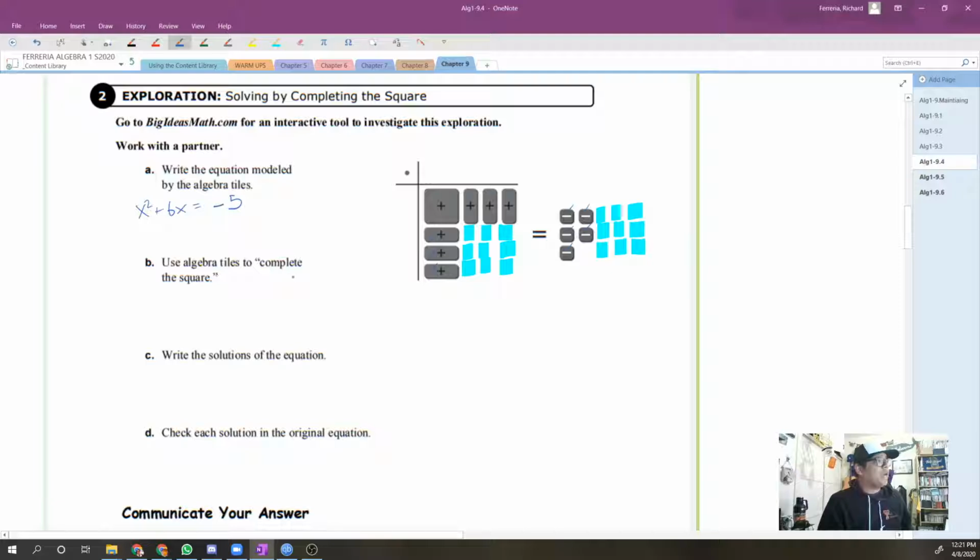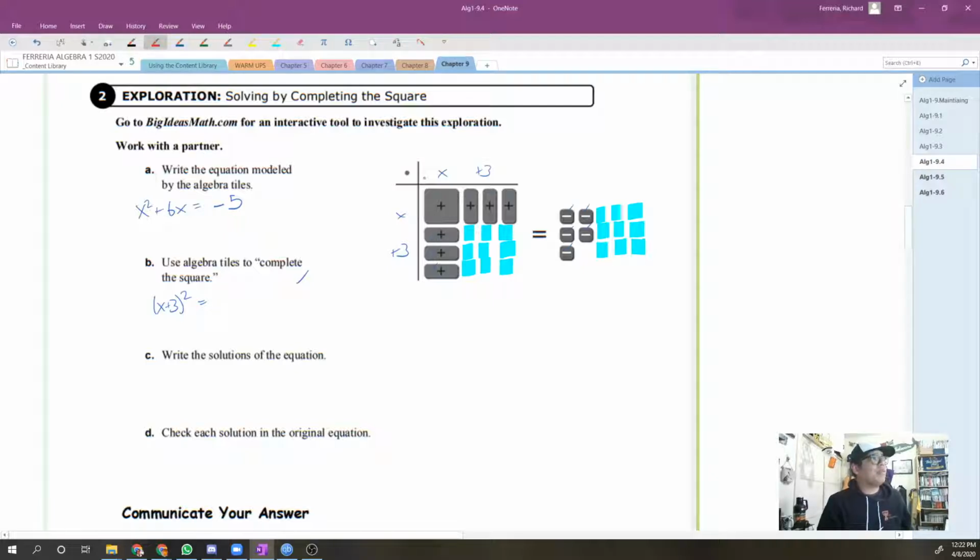So we've gone ahead and we've completed the square, and then we're going to write out the solutions of the equation. Well, let's see. If I complete the square, I will get, how much is this? x plus 3, and then x plus 3. So this is x plus 3 squared equal to, and then let's cancel out the 0 pairs.